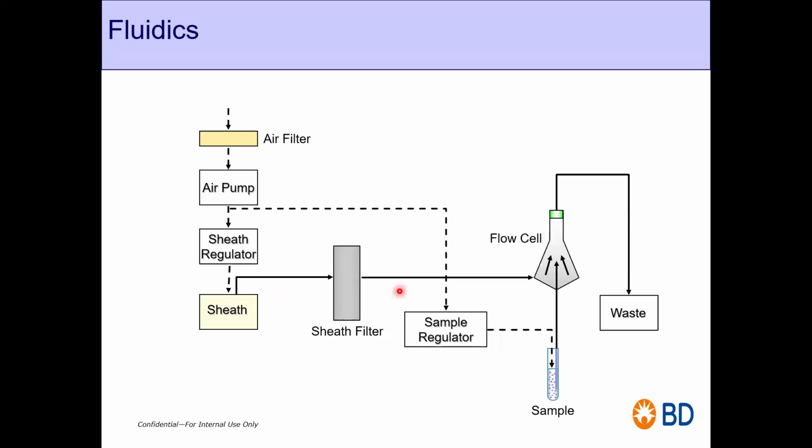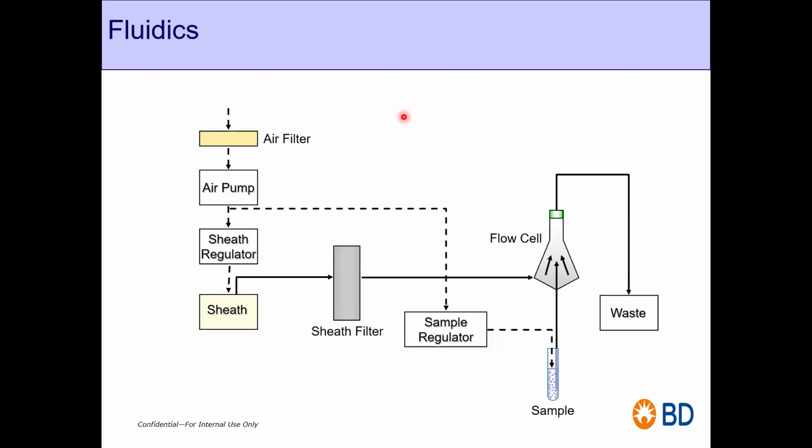Now let's talk about a few more things in your sample pressure and sheath pressure. Your sheath pressure always remains constant, but your sample pressure you can change. We give you the option for that. You have high, medium, and low.